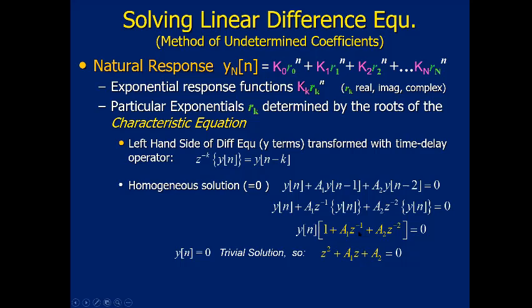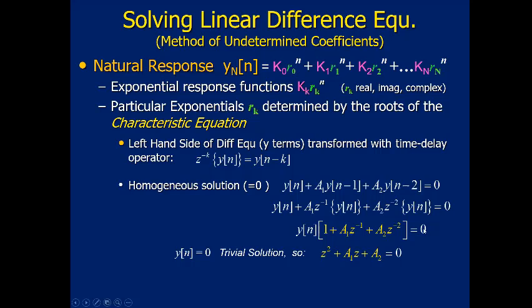Now, we're kind of doing a hand-waving description of this as using a z operator, a delay operator. In a short while, we'll recognize that what we're actually doing is taking the z transform of our difference equation and describing it that way. So that's literally where this is coming from.